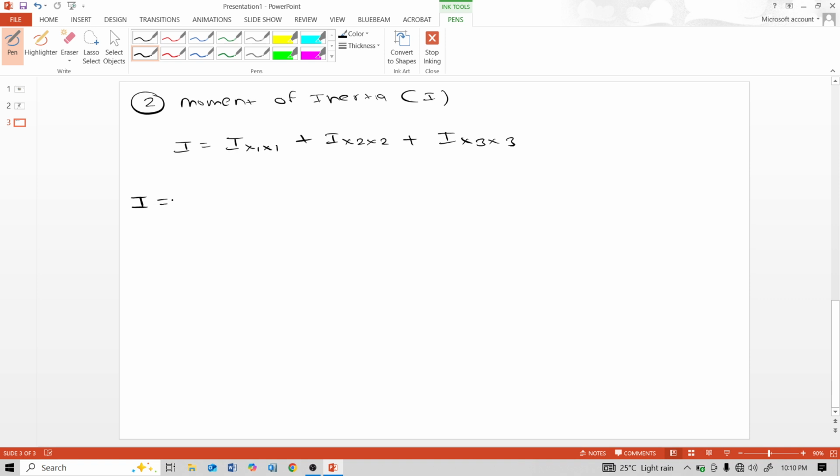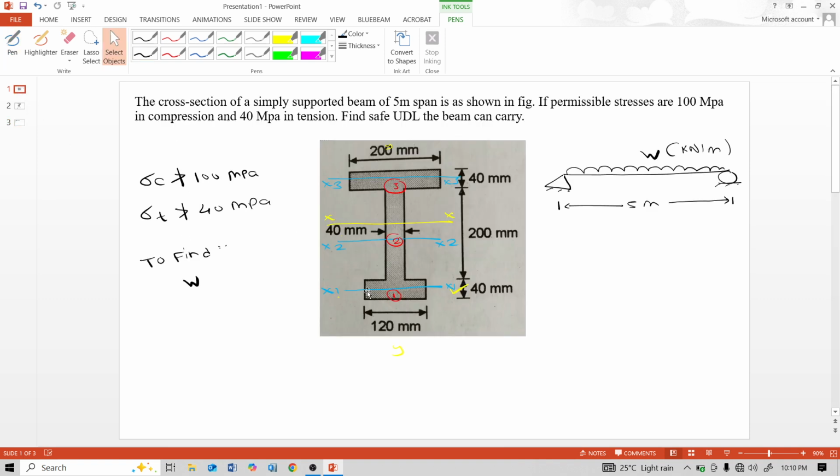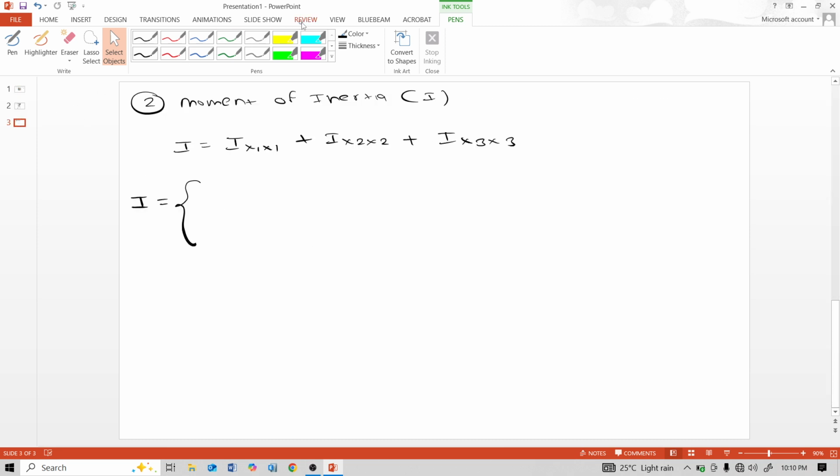The moment of inertia for the x1 axis: see this bottom flange, the distance parallel to this x1 axis is this 120 mm, multiplied by the thickness 40 cube divided by 12.